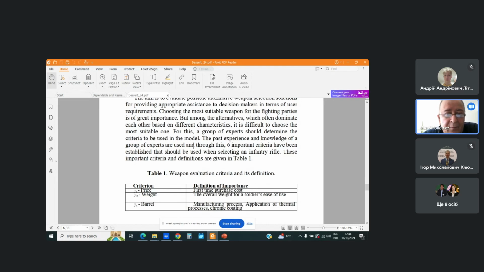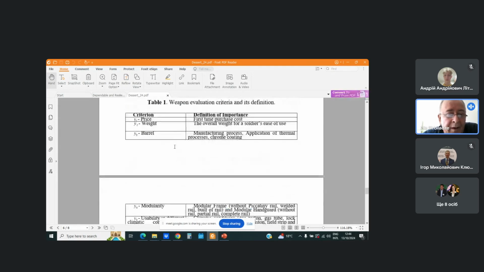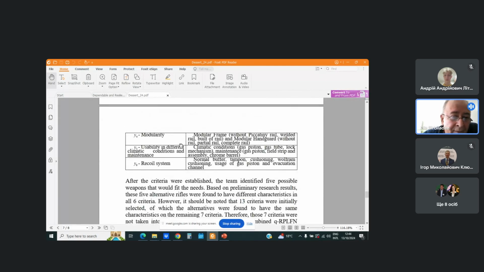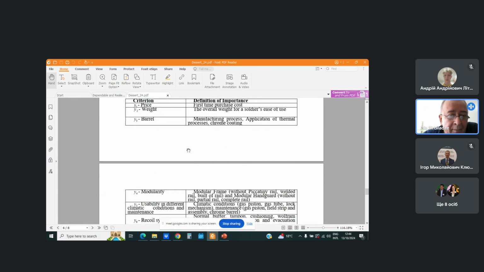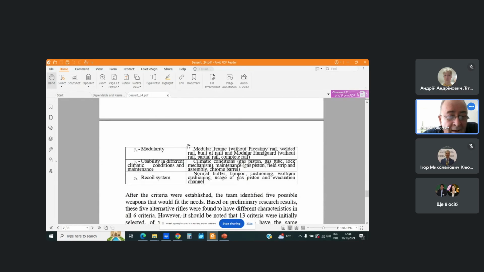In this case, we assume that we have six criteria, and these criteria you can see in table 1. These are the price, weight, parallel, modularity, usability in different climatic conditions, and recoil system.